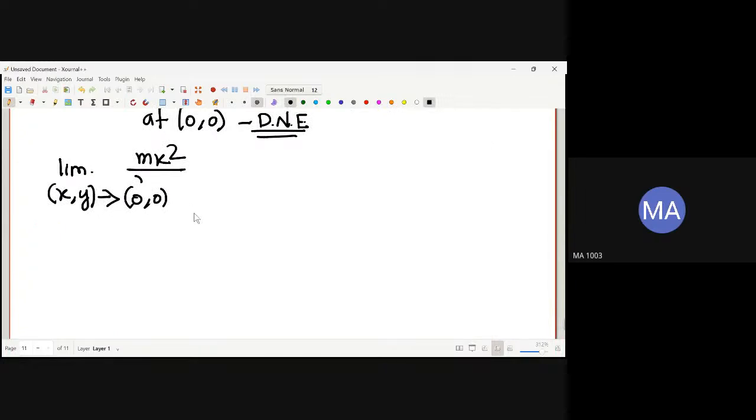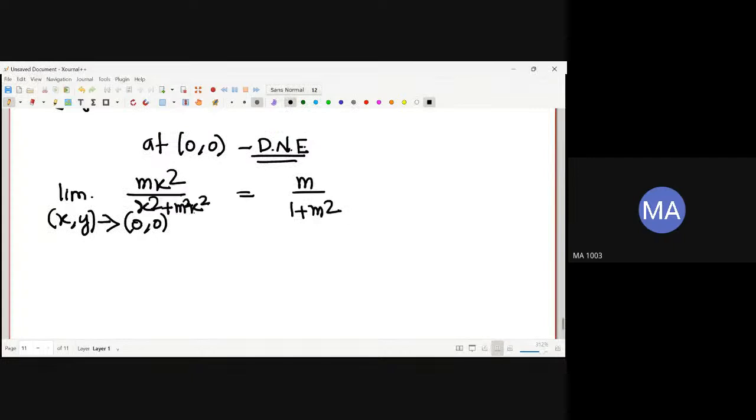This is x square plus m square x square, right? And this limit is nothing but m by 1 plus m square. As you can see, this is completely dependent on m. So if I take m equal to 1, I'll get something different. For m equal to 2, I'll get something different.